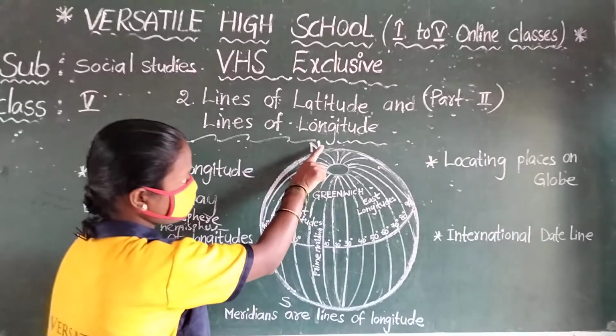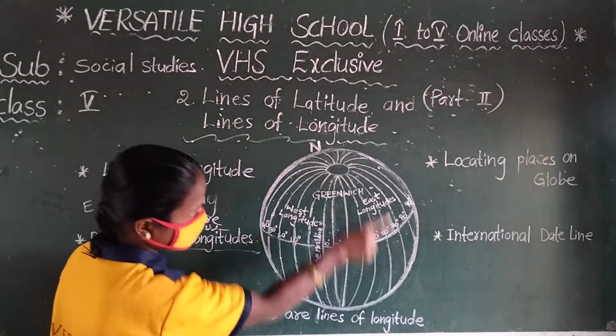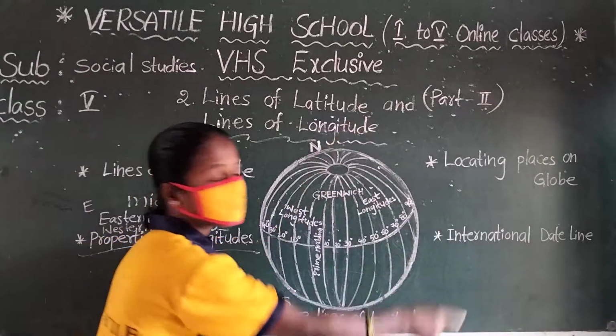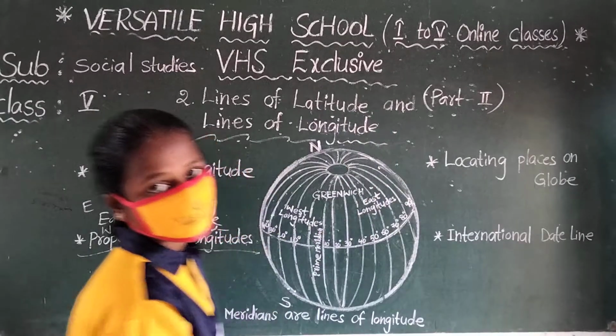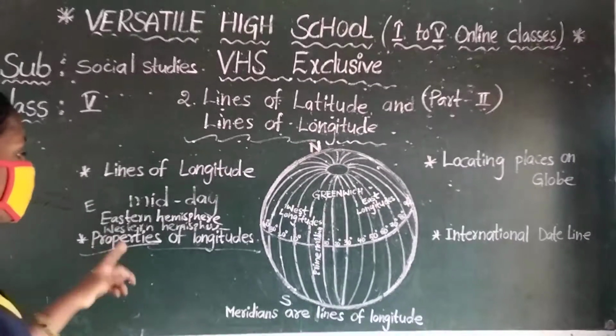See this? This is the first longitude and the second longitude. Are these increasing or decreasing? Decreasing. These are the two properties of longitudes.